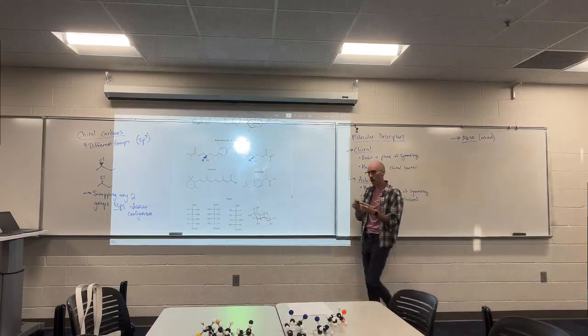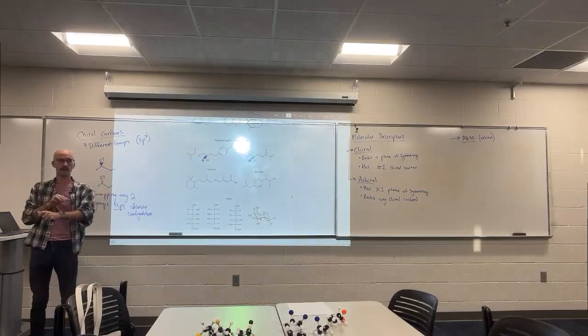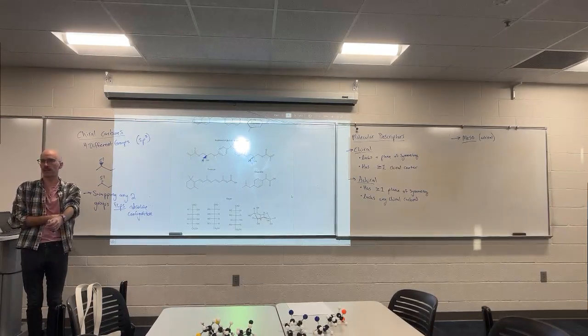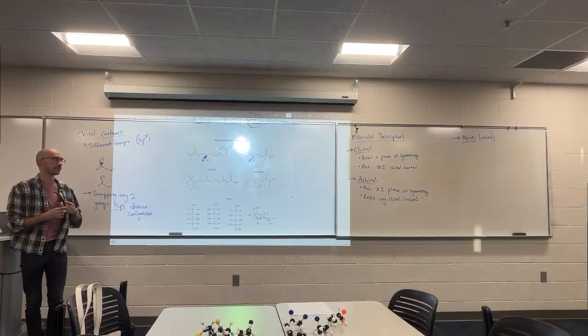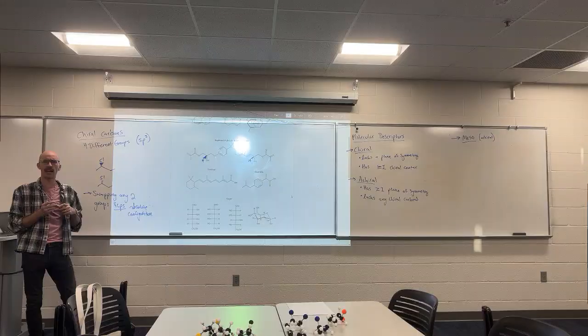These compounds are often called achiral meso. Although the achiral can be dropped and they're sometimes just called meso. I don't know meso, I don't know its etymology. So if meso rings a bell to any of you, let me know what it means.